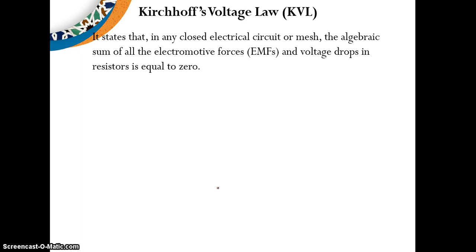When you take one closed loop, the algebraic sum of all the battery potentials or EMFs and the voltage drops across the elements like a resistor or a capacitor, when added in a closed loop, should be equal to 0.